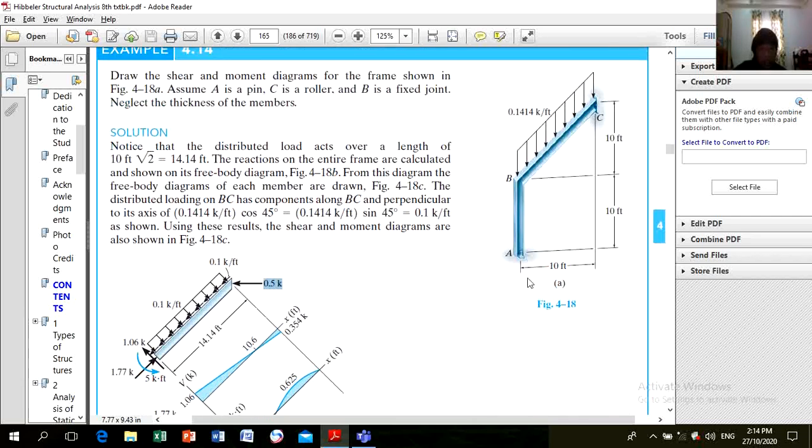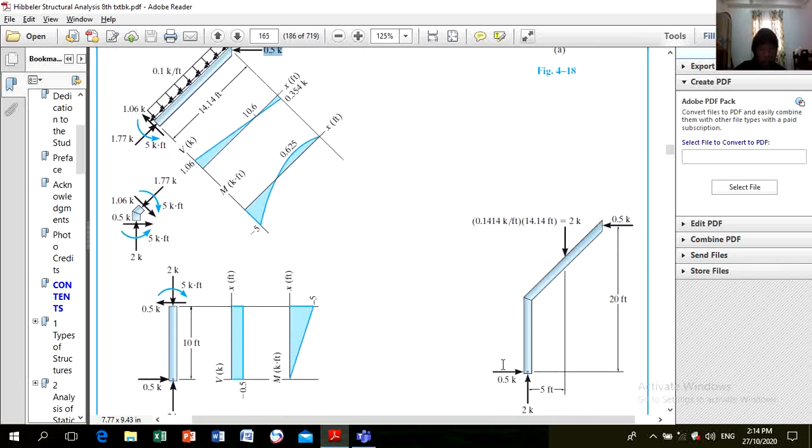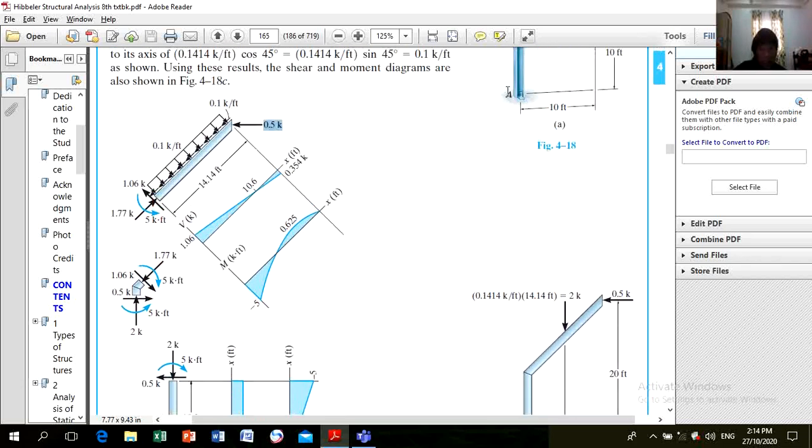So if this is 0.5, of course, this is also 0.5, the reaction here.